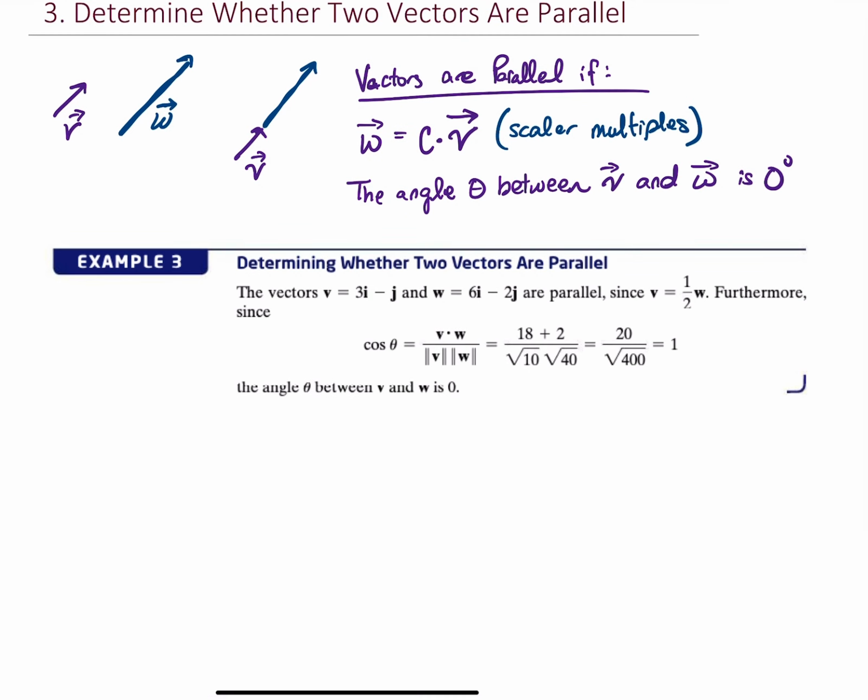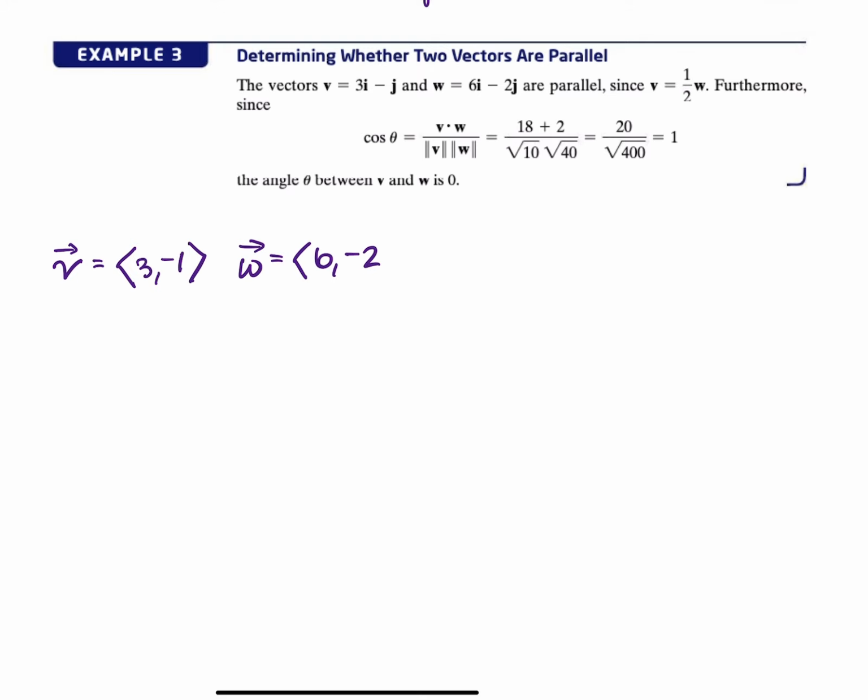So example 3, it's already worked out, but let's look at these two vectors to see that they are parallel. So we're given vector v as 3, comma, negative 1, and w is 6, comma, negative 2.